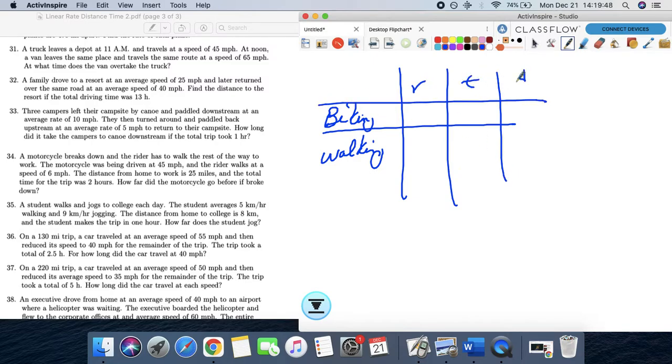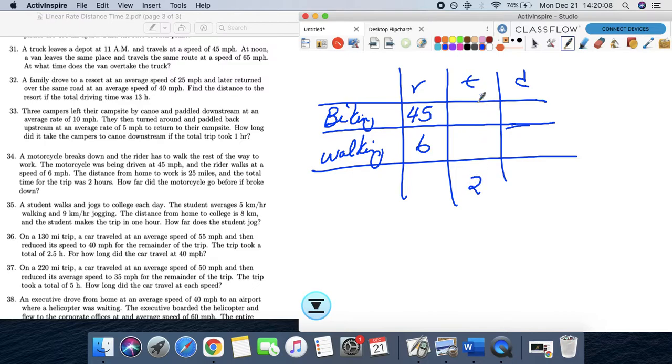RTD. So he was driven at 40 miles per hour, and then he was walking at 6. The distance from home to work is 25 miles, and the total trip was 2 hours. So I'm going to put 2 here.